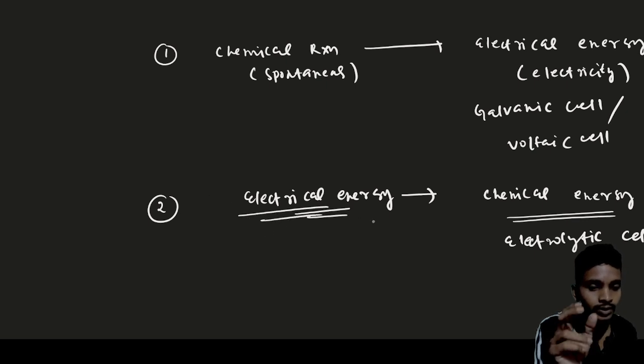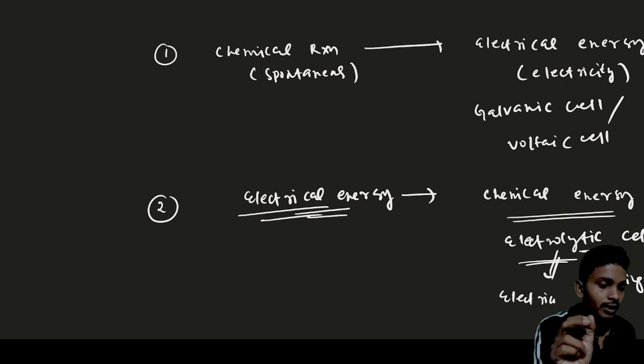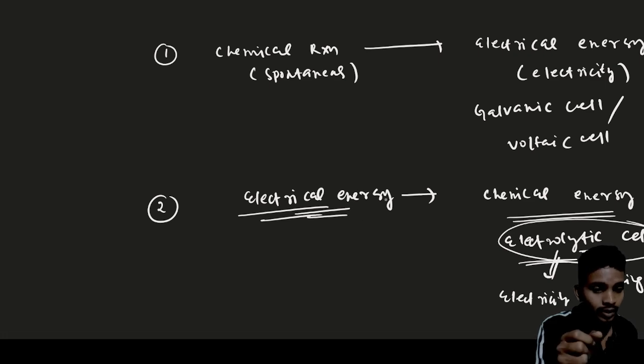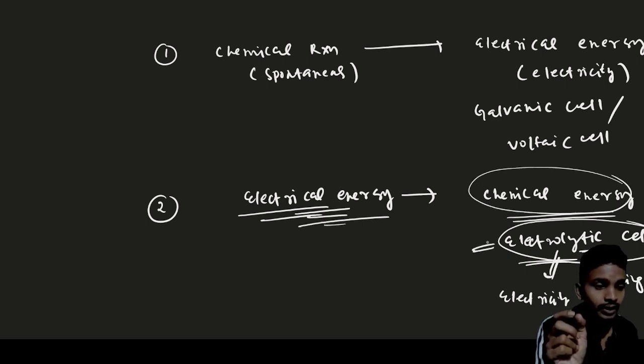Electrical energy means we are using the electrical energy to produce the chemical reactions. That's why, you see, lytic means breaking, and electro means we are using the electricity. So you can remember like this: if we have electrical energy and we are producing chemical energy or chemical reactions, at that time we are studying the electrolytic cells, because electro means electricity and lytic means breaking.